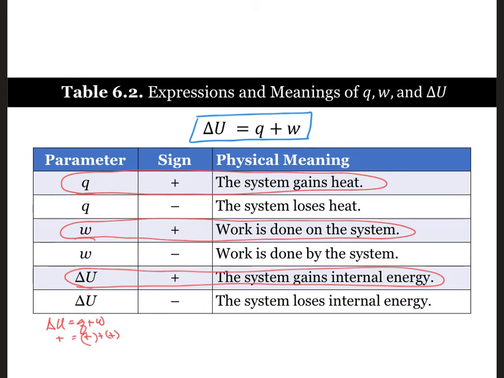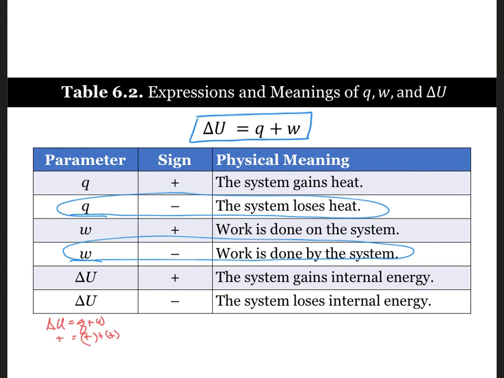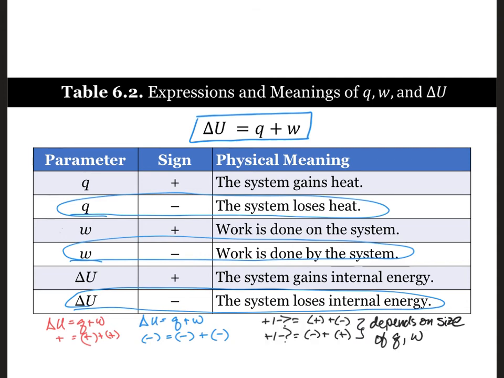Alternatively, if the system loses heat and the system does work on the surroundings, without a doubt the system will lose internal energy. When the signs of Q and W are mixed, however, we'll need to know the values of each to determine if the internal energy of a system increases or decreases.